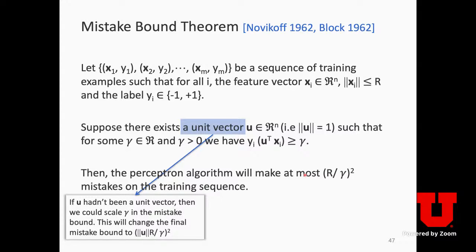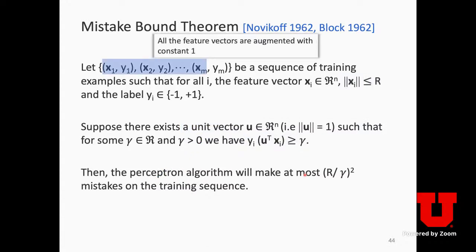Yeah, so on augmenting our vectors to integrate the bias, how did that work again? You mean how does the notation simplification work? Yeah. Oh, here we just, okay.